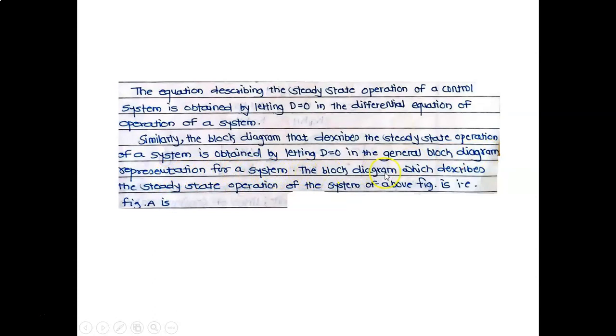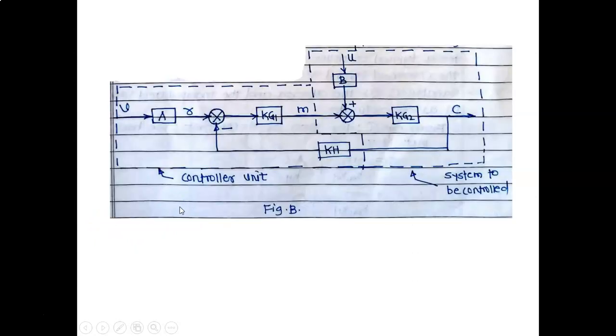The block diagram which describes the steady state operation of the system of above figure, that is figure A, is this block diagram which represents steady state operation of the system, in which this diagram is divided into two diagrams.